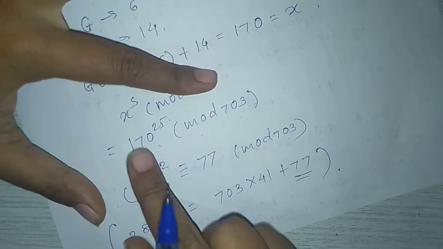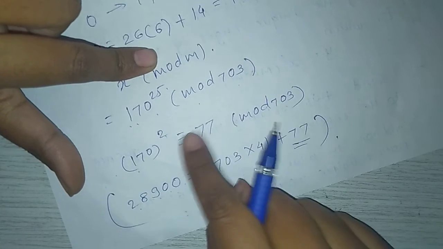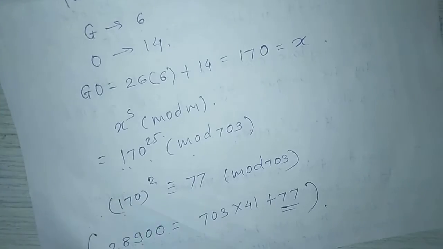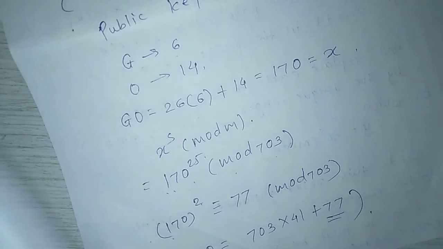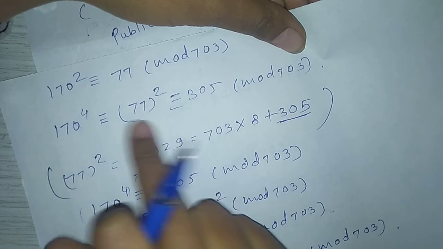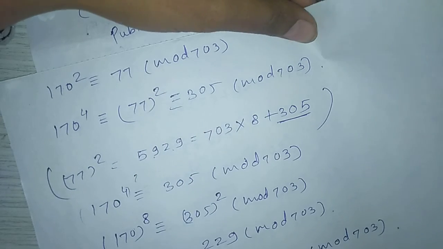To calculate 170 raised to 25 modulo 703, first we consider 170 raised to 2 is congruent to 77 modulo 703. Again we take the square of this, we get 170 raised to 4 is congruent to 77 square, which is congruent to 305 modulo 703.